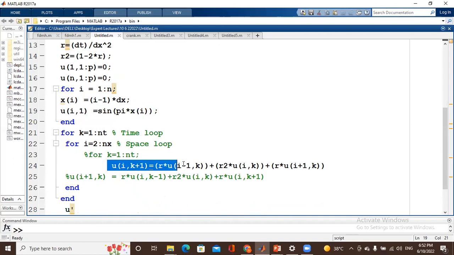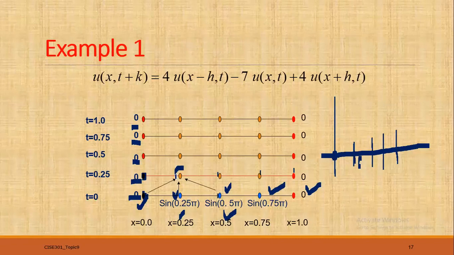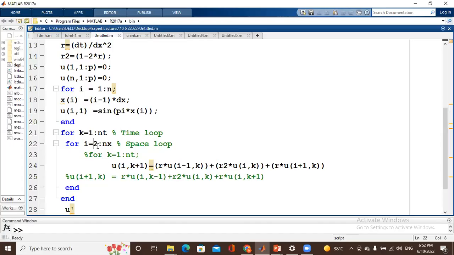Now mainly when we write this equation, obviously we consider the for loop. We start with I equal to 2 because we define the first point. We define this first point, and when we find this point, then we use 3 values. This one, and this one. That means 1 1, 2 1, and 3 1. So I equal to 2, we start, k equal to 1.